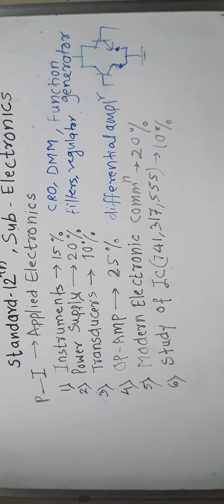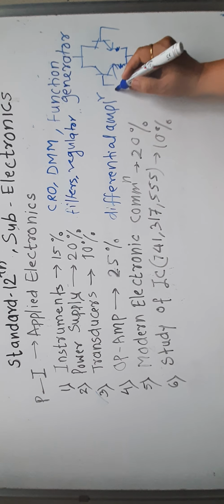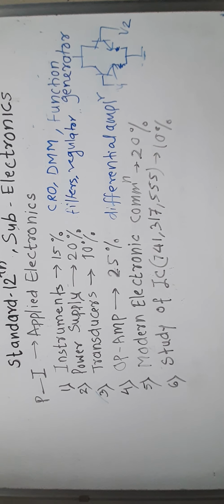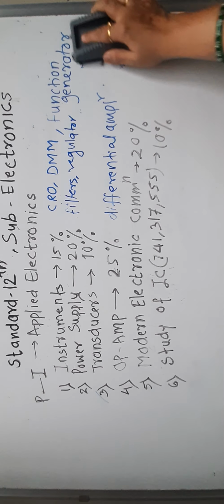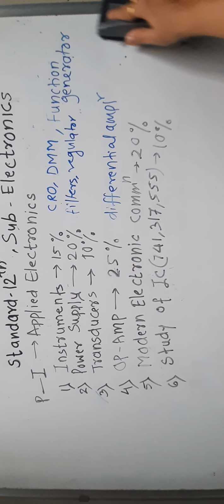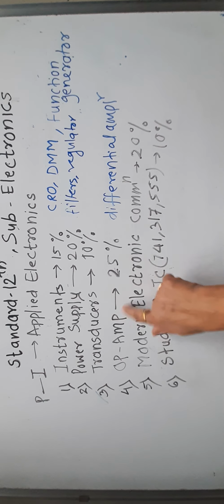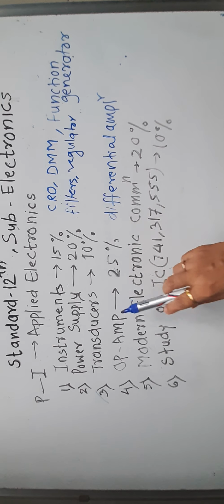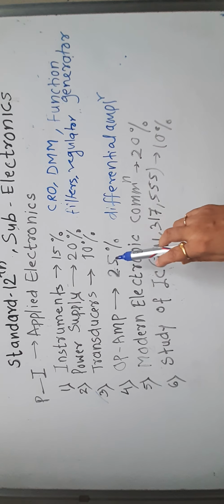Have you seen such a diagram? This is nothing but a differential amplifier. So an operational amplifier is made up of different types of differential amplifiers. As the name says, it performs various operations like addition, subtraction, differentiation, integration. That's why it is known as operational amplifier.